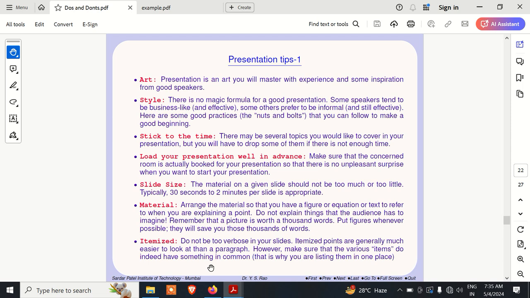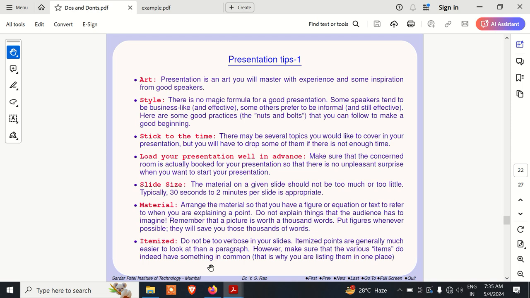That will be more effective. Since it is a presentation, better to make bulleted statements, itemize. Do not be too verbose on your slides. That will help you in easily conveying.